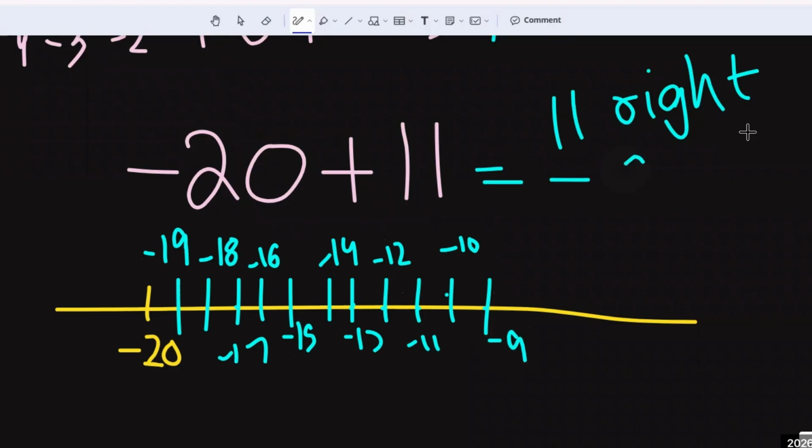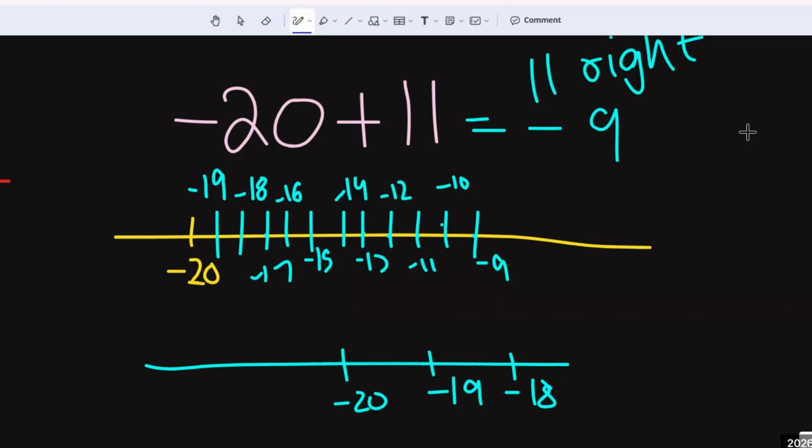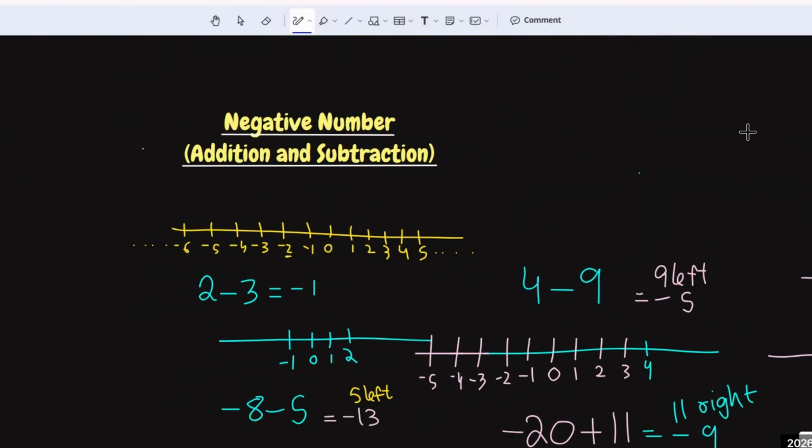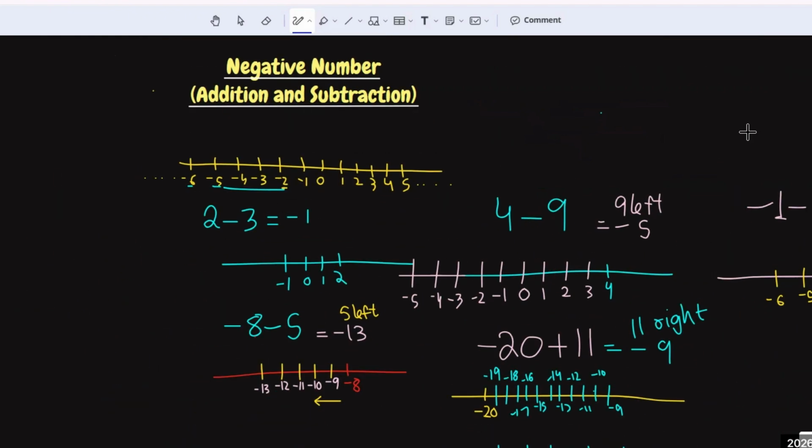So I have answered, that is minus 9. Remember, if you are going backwards, the previous numbers are minus 19, minus 18. And if you're going backwards the other way, it is minus 21, minus 22, minus 23. Do you remember the pattern on the number line? For the negative numbers, minus 6 is less than minus 5. These numbers are bigger than the previous number, okay?